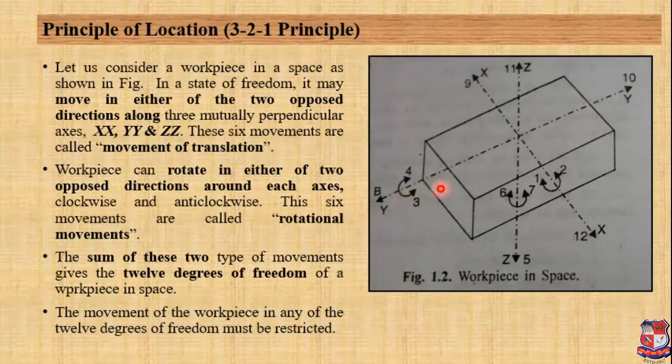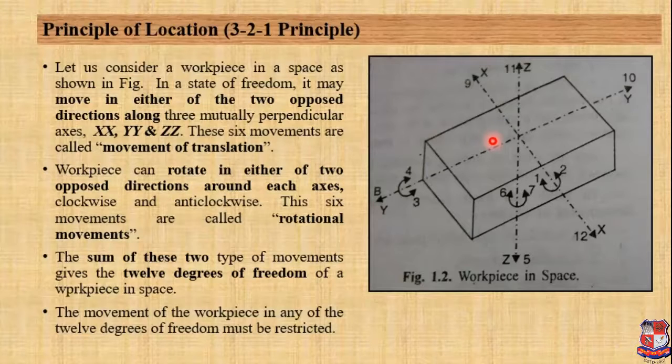Here you can see the 3 axes: the x-axis, the y-axis, and the vertical z-axis. So this rectangular workpiece has 3 axes, x, y, and z, and we can say that this workpiece may move in either of the 2 opposed directions along all these 3 mutually perpendicular axes.